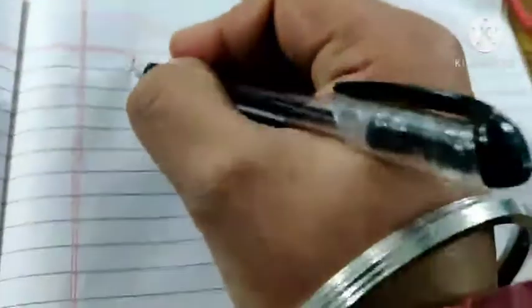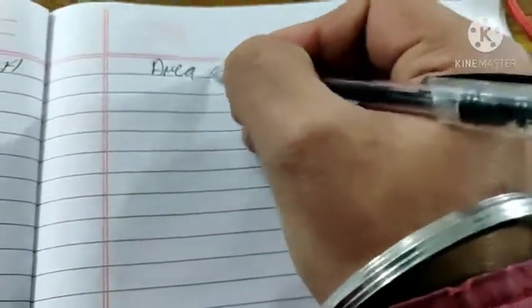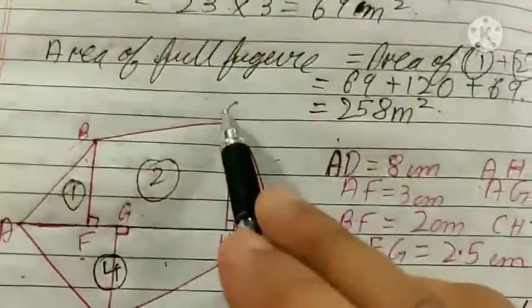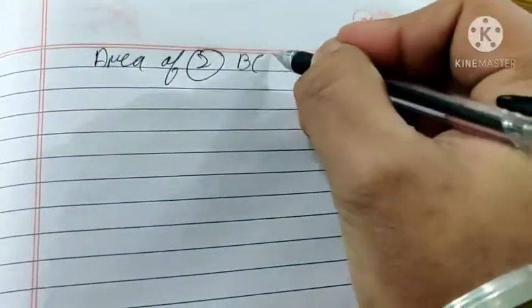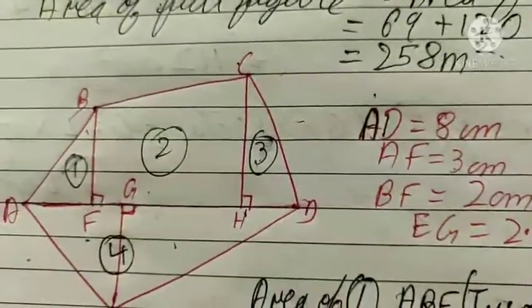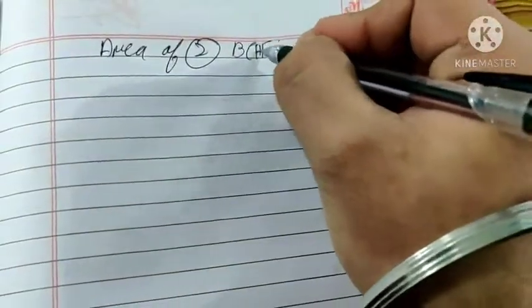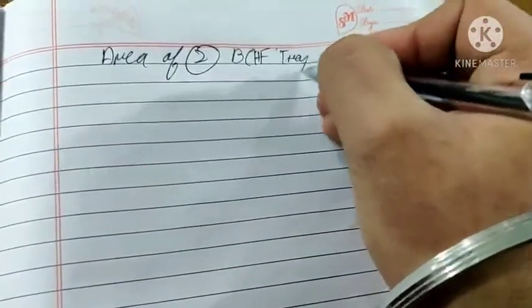Now area of 2. What is 2? BCHF. It is a trapezium.